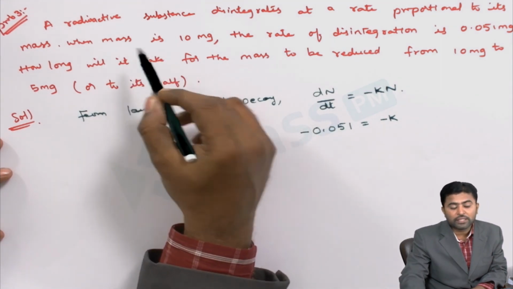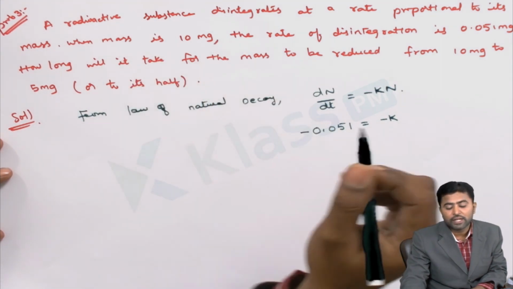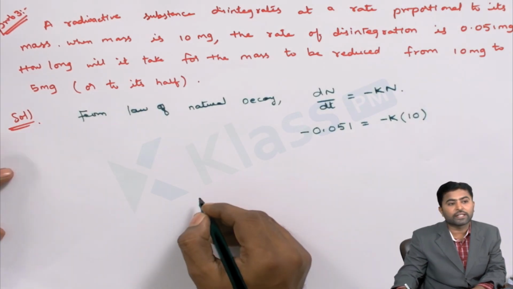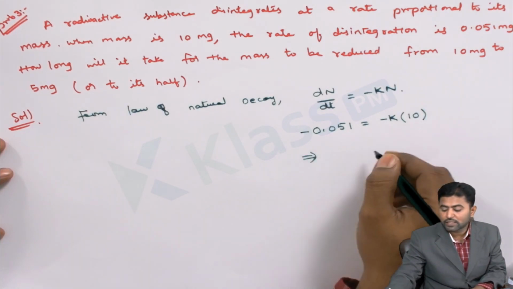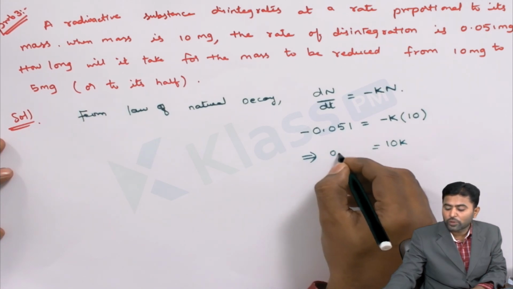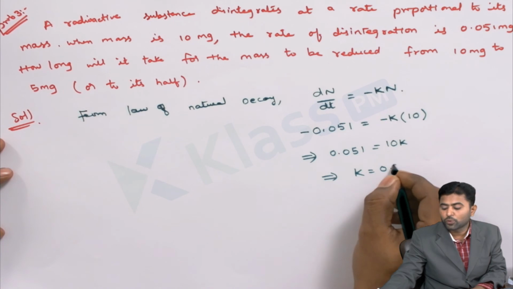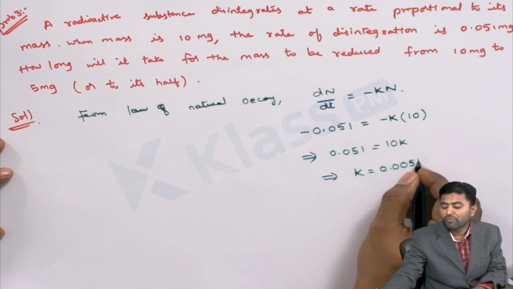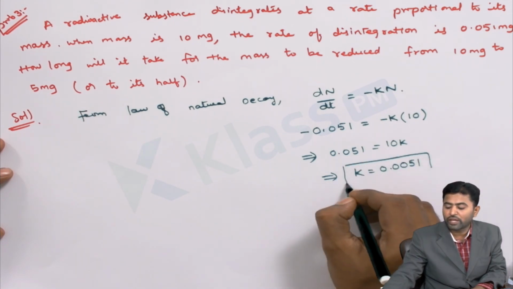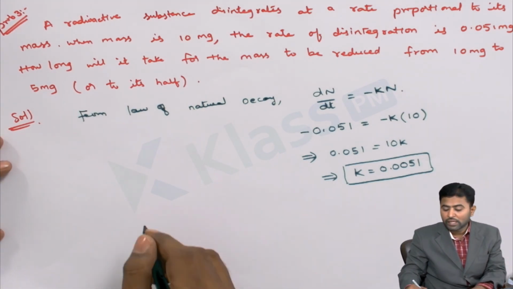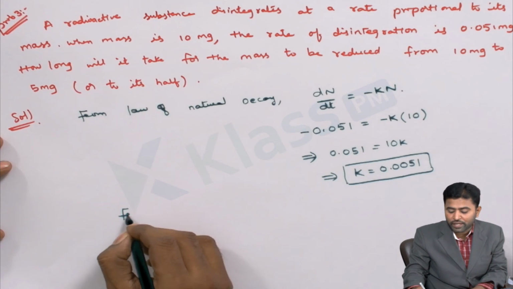At what mass? When mass is 10 milligrams. So we write N as 10. We get 10k is equal to 0.051, or k is equal to 0.0051.